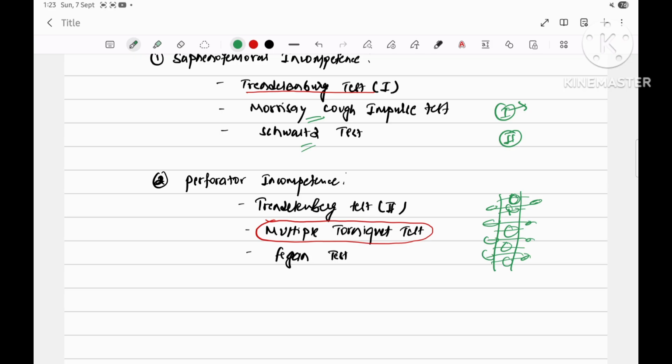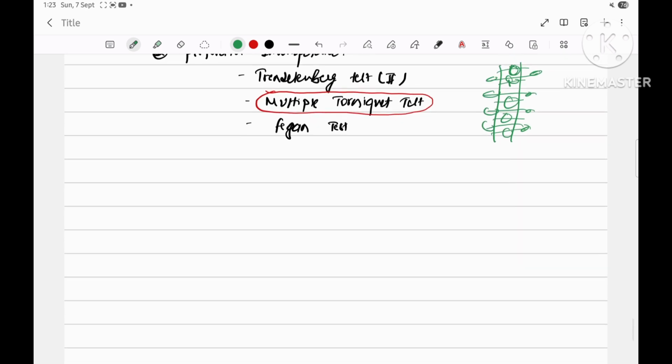After emptying, if we see dimpling at that area where we marked the vein, or there is formation of pits, pits or gaps in the deep fascia, then it shows that there are incompetent perforators. In this way we do the saphenofemoral incompetence and perforator incompetence tests.